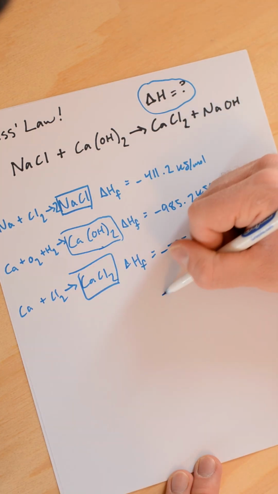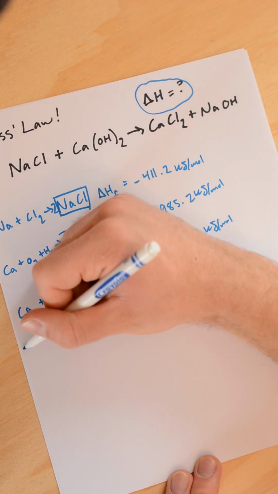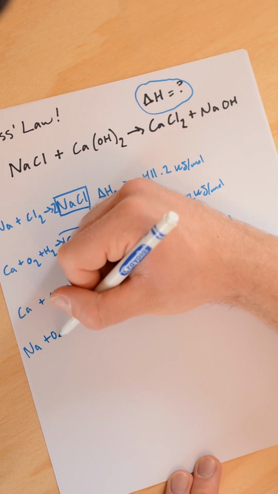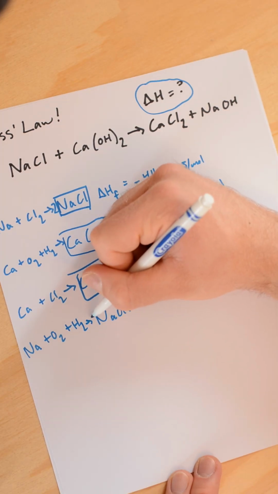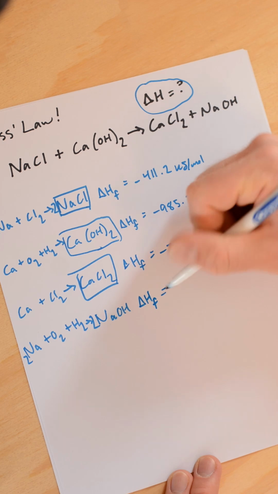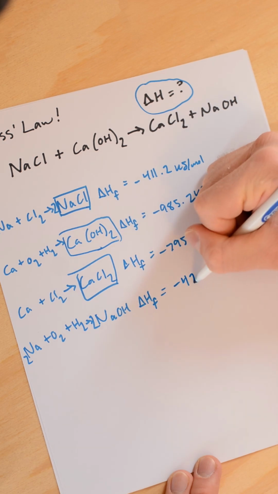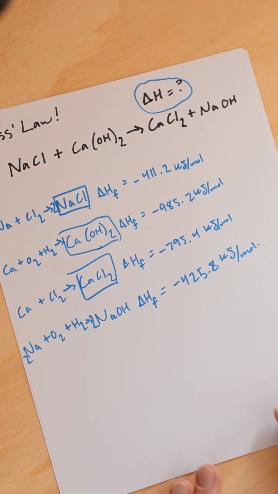And then the last one, we have sodium hydroxide, again formed from its elements. So we should put 2's here to balance it. The delta H for formation is negative 425.8 kilojoules per mole. So keep that in mind.